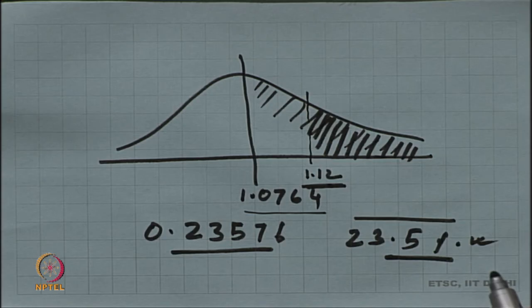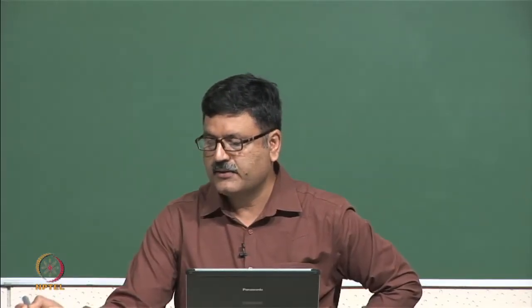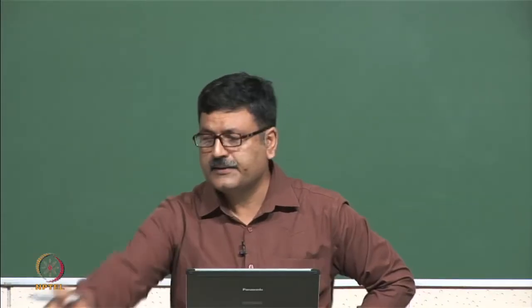So, this value we are supposed to be finding, and that way if you calculate, we are getting the probability of winning as 0.23576. This you can cross check, this is roughly about 23.5%. So, that means if you are quoting at 12%, the probability that you will beat your competitor is 23.5% only, right.